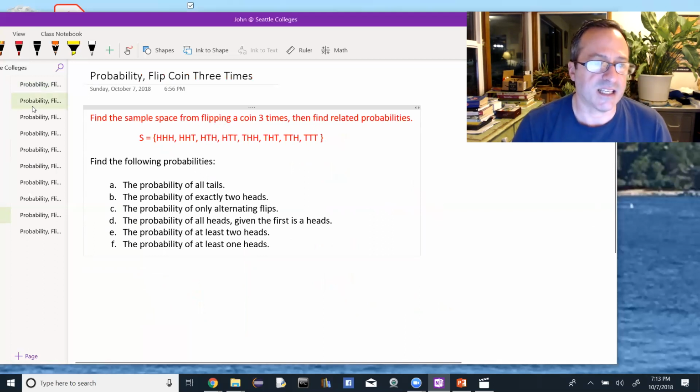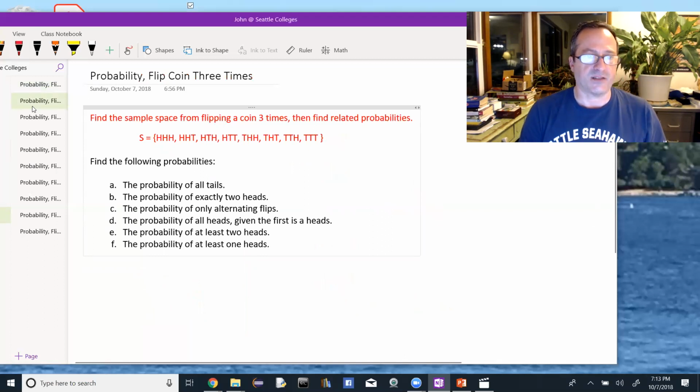Heads, heads, heads, heads, heads, tails, heads, tails, heads, etc. A total of 8 options. And now we're going to look at finding probabilities, and we're going to use that sample space to help us. So you could pause and write down these 1, 2, 3, 4, 6 problems, maybe 2 or 3 lines in between each. And again, just like the rolling of the die problem, we're flipping a single coin 3 times.